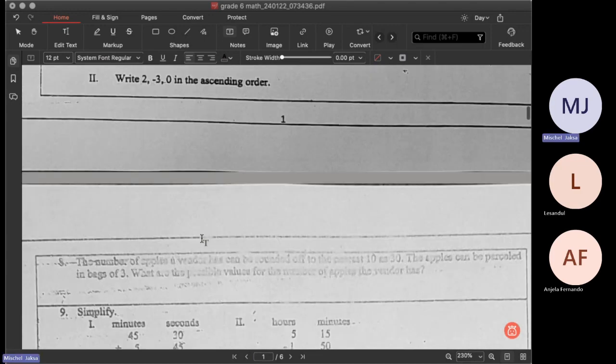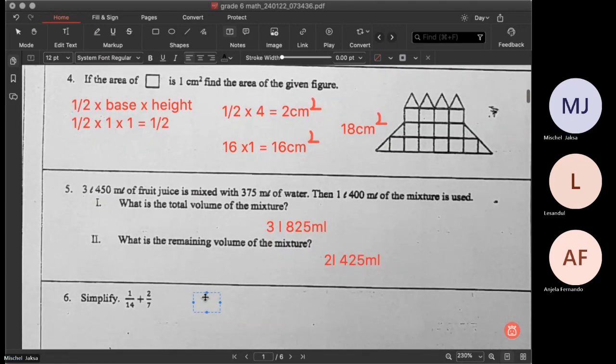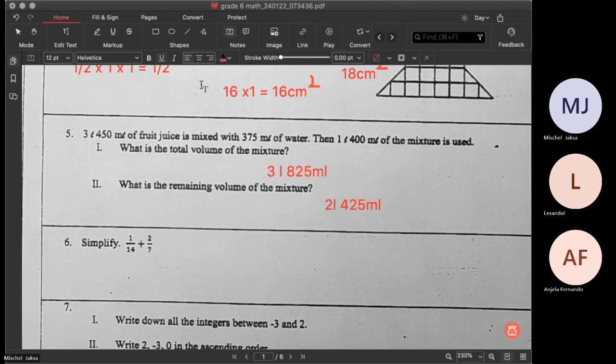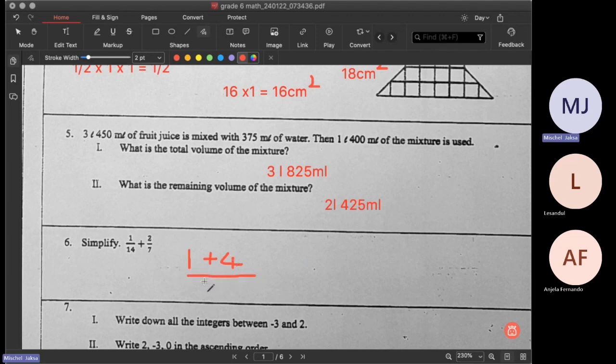It should be underlined. It should be 1 plus 4, and we get the common value as 14.